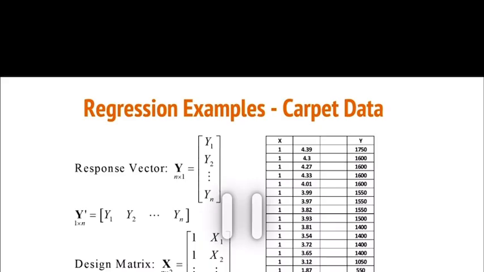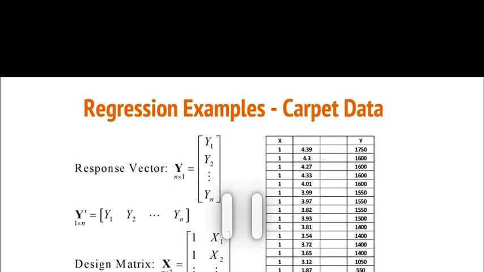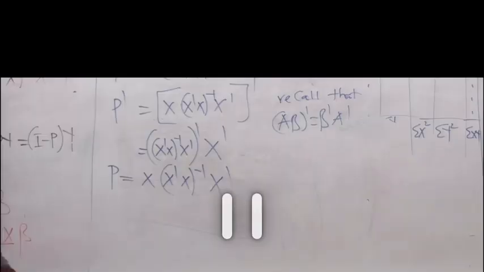How can we use a matrix approach to solve this? Of course, you already know how to do that using R, but how do we use the matrix approach? To use the matrix approach, I need this formula.